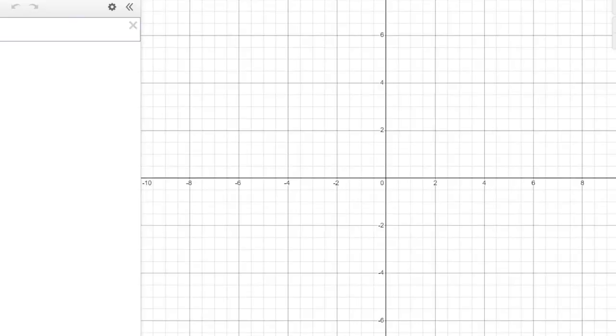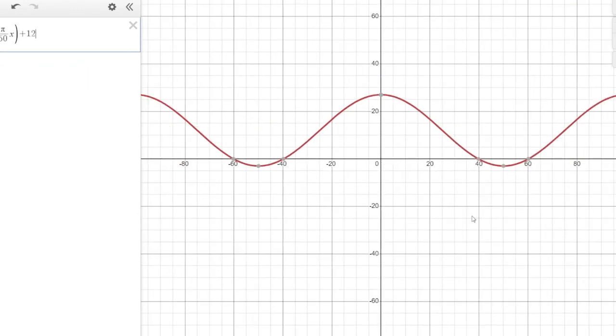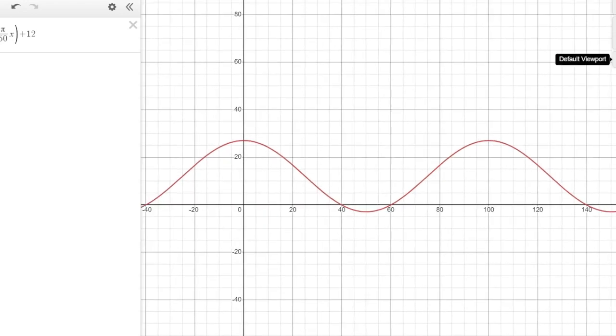So switch to Desmos. So y equals 15 cosine pi over 50 x plus 12. So right here we only have one period. That's what's graphed.